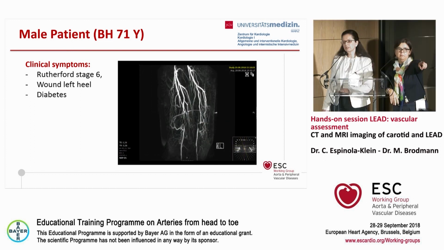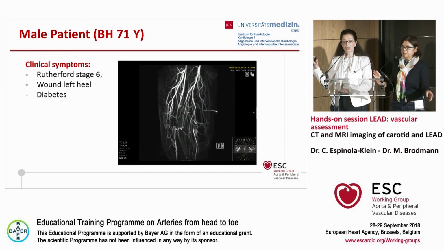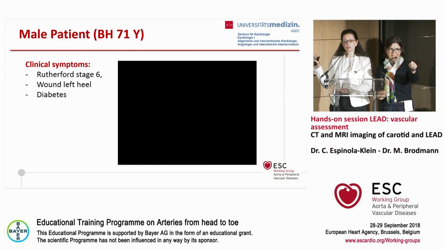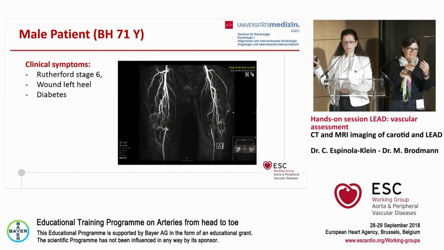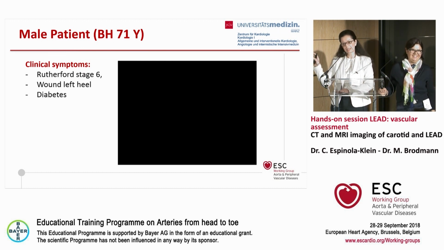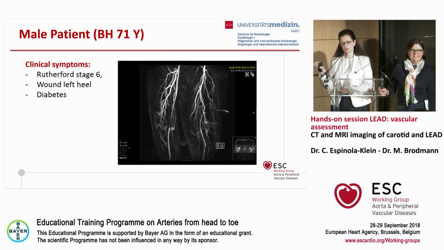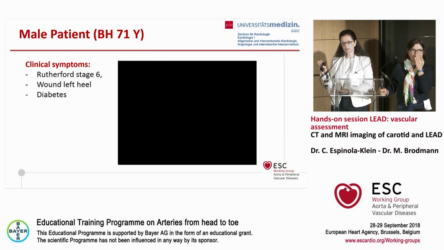Of course. But in this case, we had the possibility to get a fast MRI scan, and we discussed the patient in our conference. And we did an intervention in this case because our surgeons said to try first to do an intervention, but in agreement with our surgeons. So it's very important to discuss it.